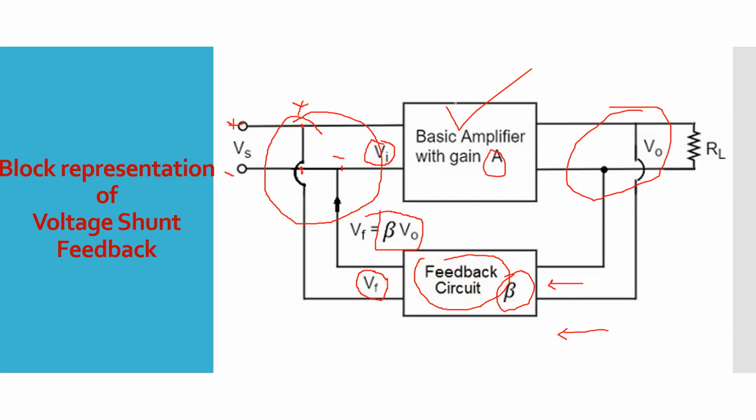Here, the basic amplifier, that is the main amplifier circuit having the gain A, has its input signal coming from this side, the input side. That is, Vs will be your input and V0 will be your output. So the power flow from the basic amplifier circuit will be in this direction, from the left side to the right side of your PPT. Can you see this? On the other side, the feedback circuit has its input on this side. That is, the output will be given as an input here, right? On this side, can you see that?